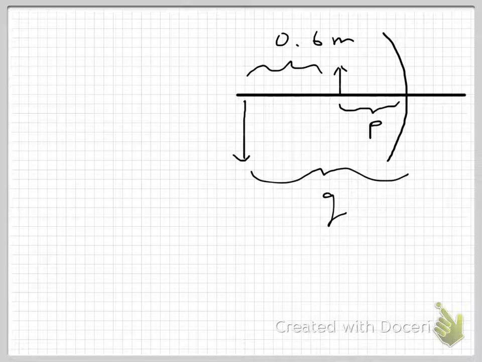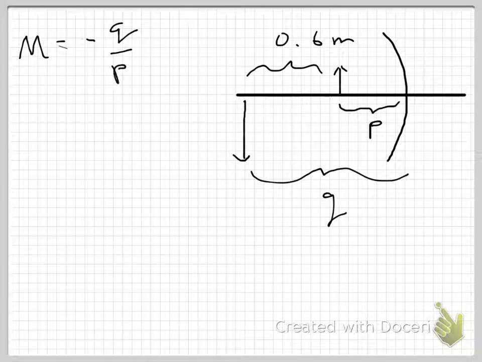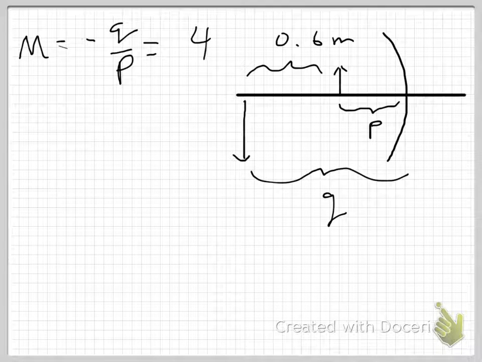The first is the magnification. We know that M is equal to minus Q over P in general. In this problem, we're told that the magnification factor is 4 and that the image is inverted, which means we put a negative sign in front of the 4.